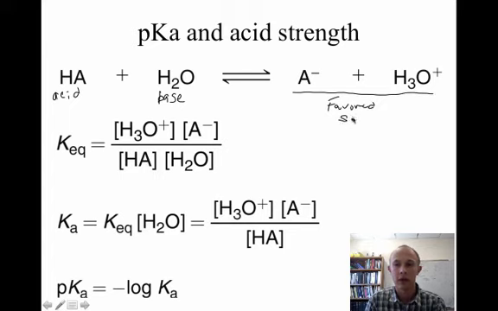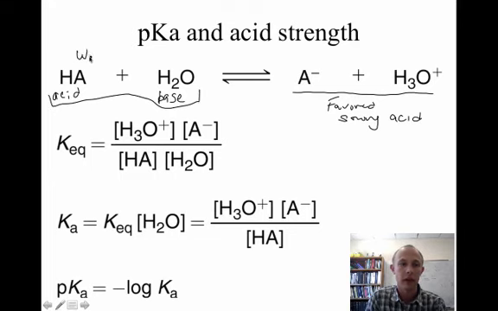If you have a weak acid, it won't dissociate very much, and the reactant side is favored. So reactants are favored if you have a weak acid. Products are favored if you have a strong acid.